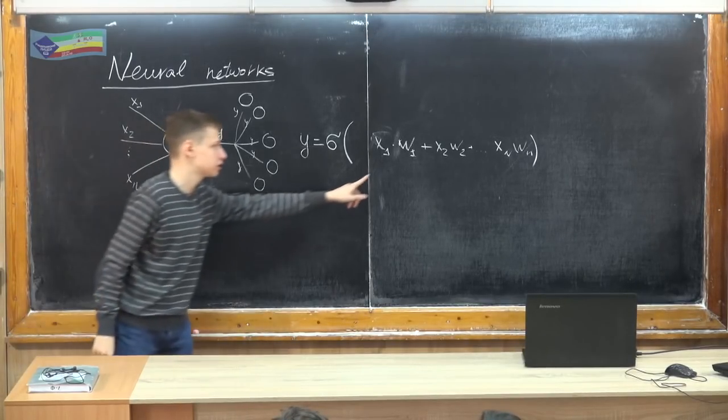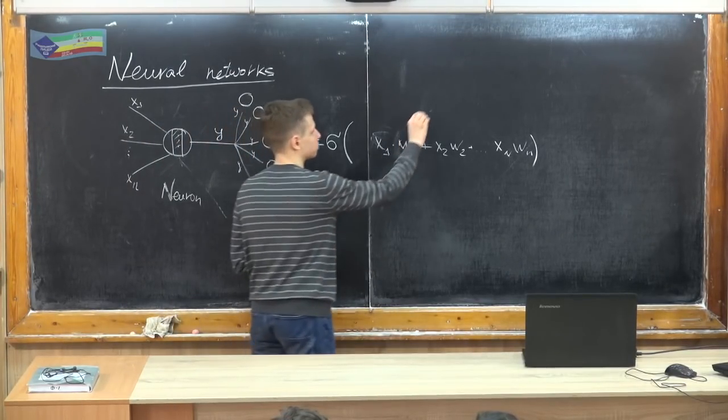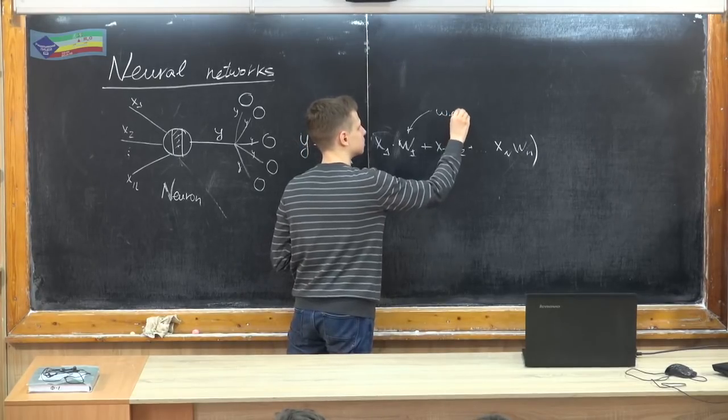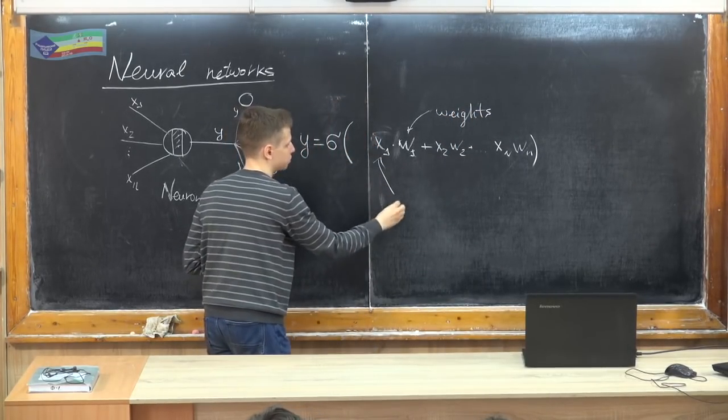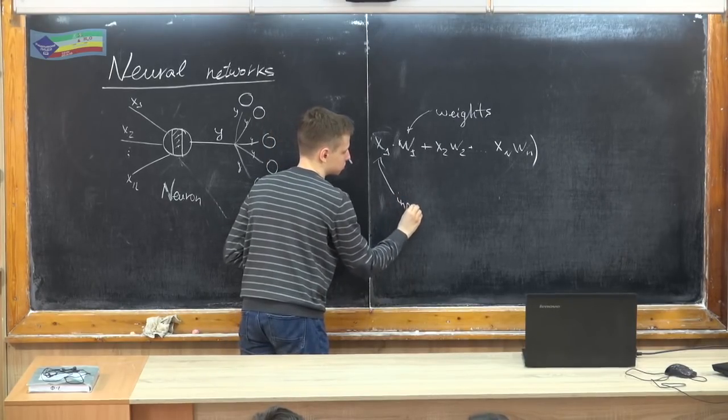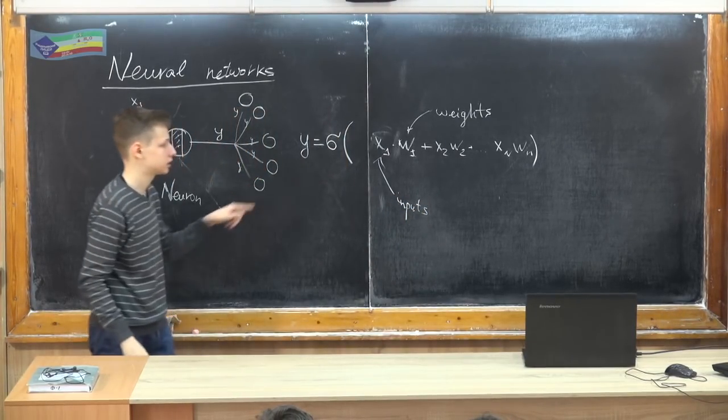These constants are called weights. So these are weights, these are inputs, and this one is the output.